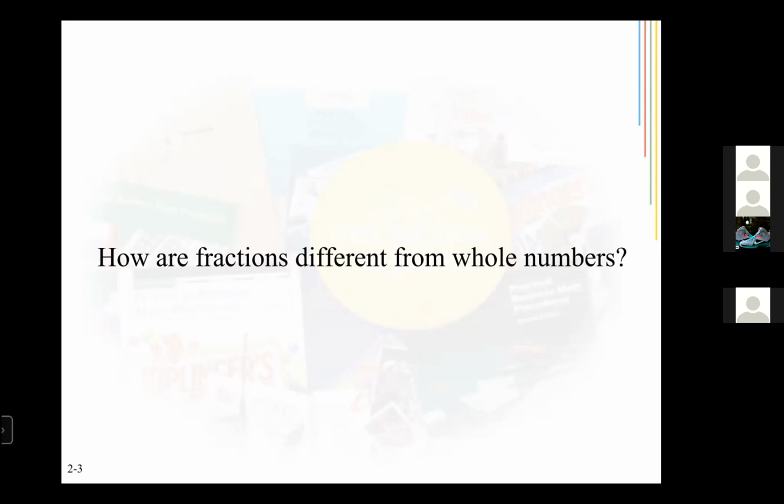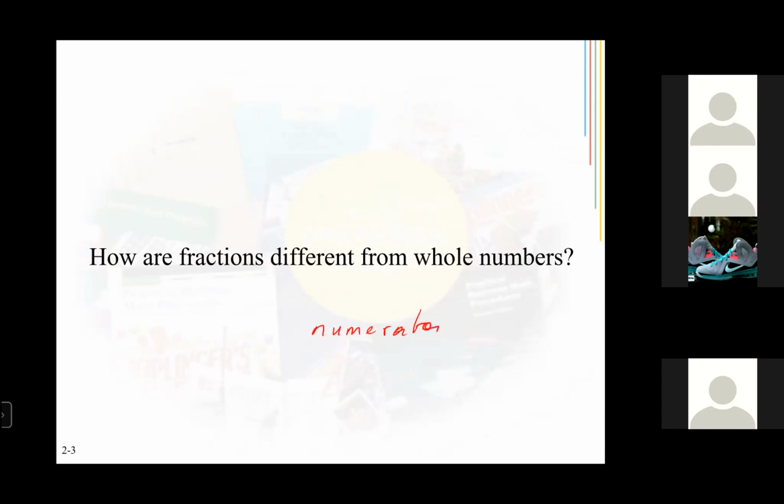So we have numerator on top and denominator at the bottom. And you say the denominator basically tells you how much the whole is divided into, and the numerator tells you how many parts of that whole you are looking at.